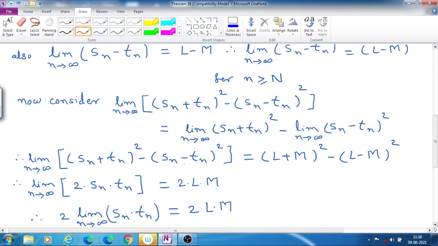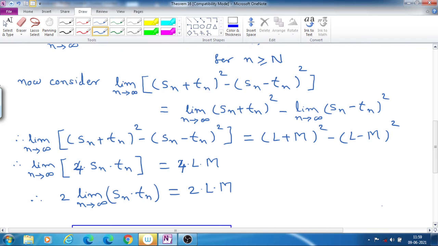So minus 2 times Sn into Tn becomes plus 2 times, and here we must write 4 times Sn into Tn. And here also (L plus M) square minus (L minus M) square is equal to 4 times L into M. So on both sides 4 gets cancelled.